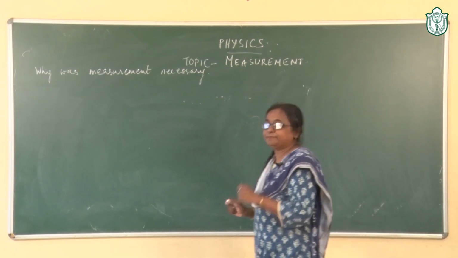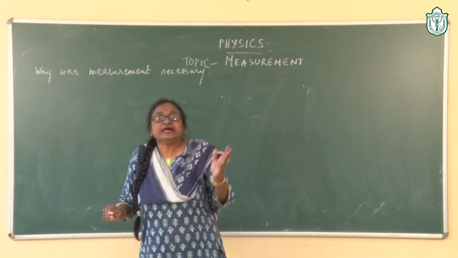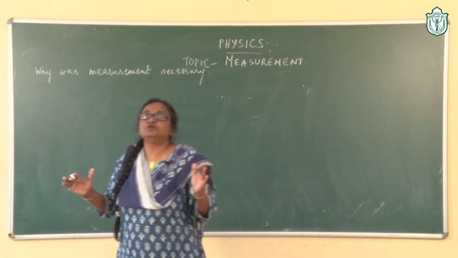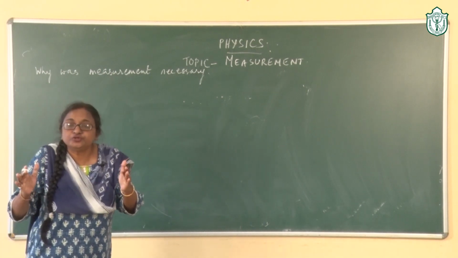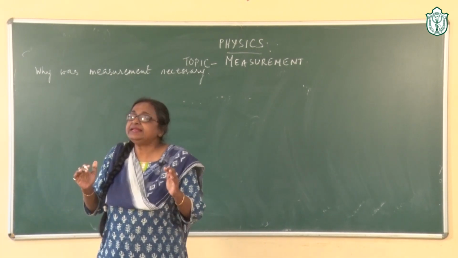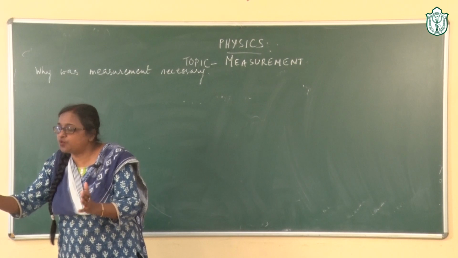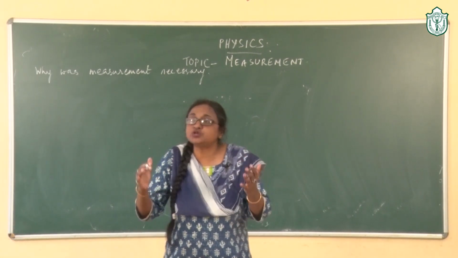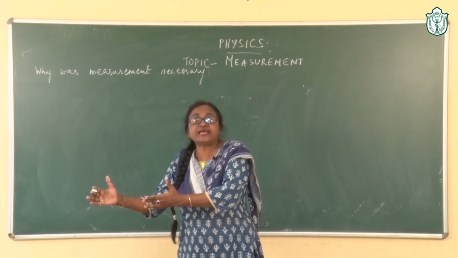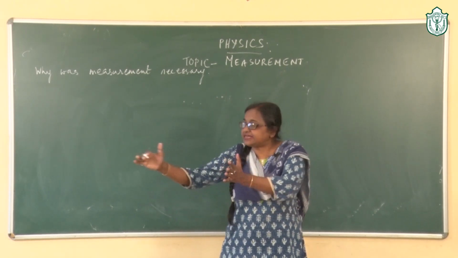This is one example. Now, earlier people grew crops. They were food growers. They needed to know what the area of the land was, and how much crop was obtained from that area.